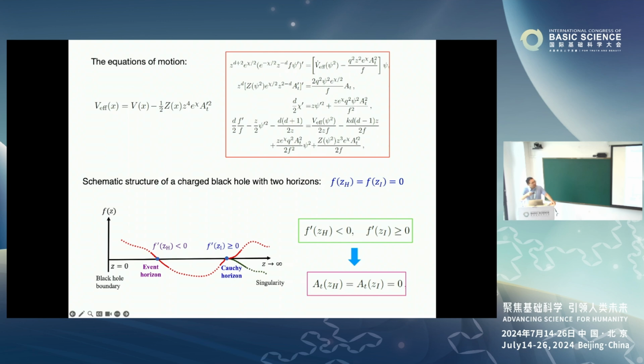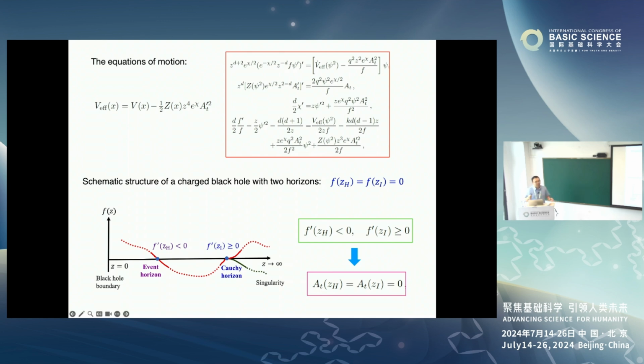People can try to solve them numerically, find a numerical solution, and check whether there is any inner horizon. But for a numerical solution, you can only choose some specific parameters. You cannot check all cases, and it also takes time. It's a very complicated system.